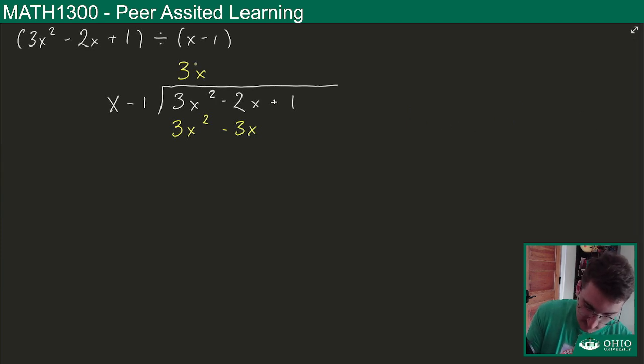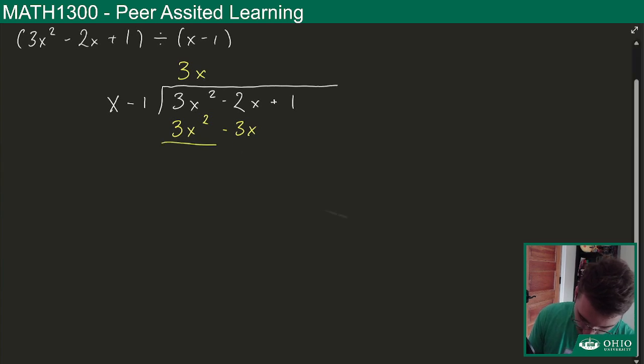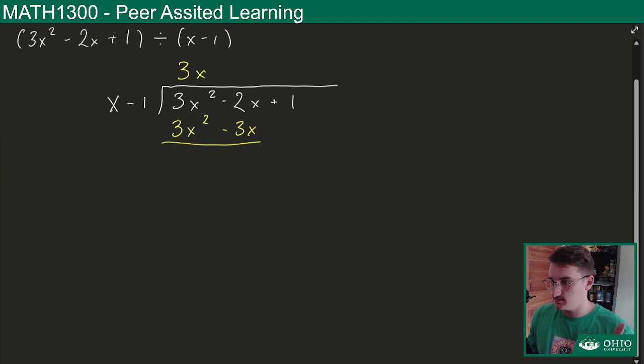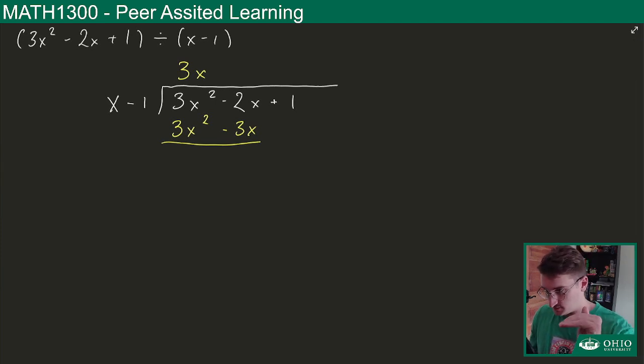Now, like we do in long division, we want to subtract this off. But you need to be careful here because we're subtracting off an entire polynomial and not just a single number.